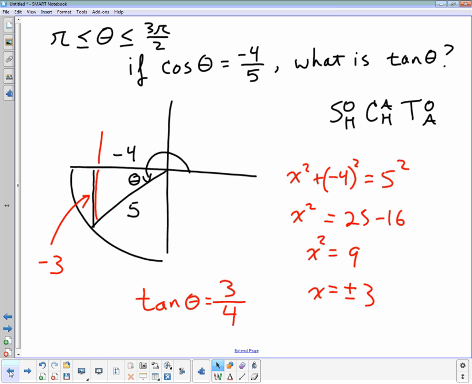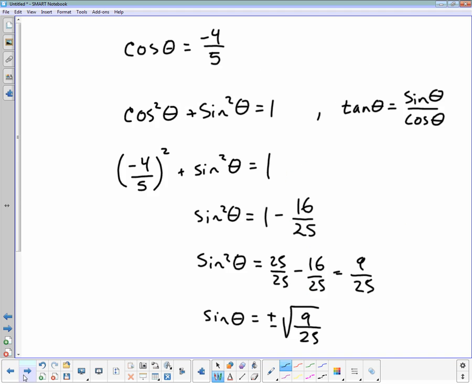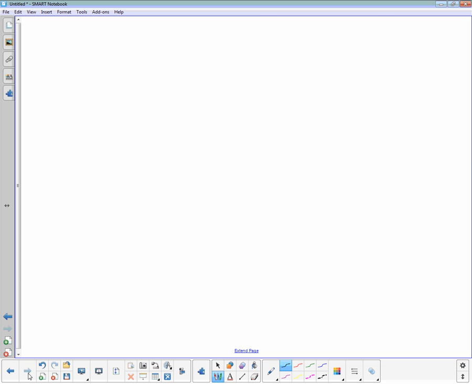Remember the ambiguous case of the law of sines? Do you remember when we talked about the ambiguous case? All right, type in these commands. Second cosine negative 4 divided by 5. And you're going to get a number.